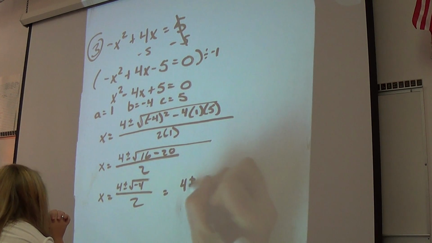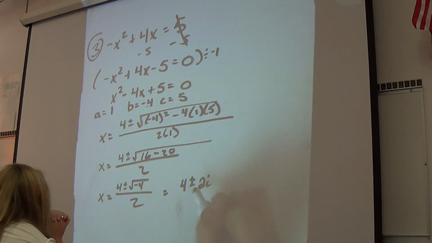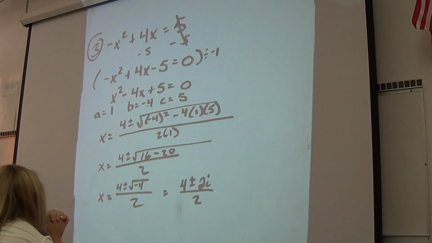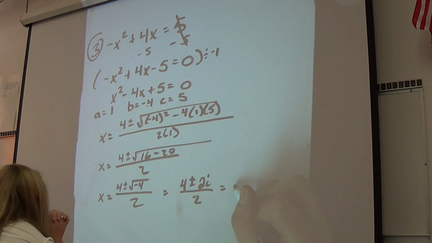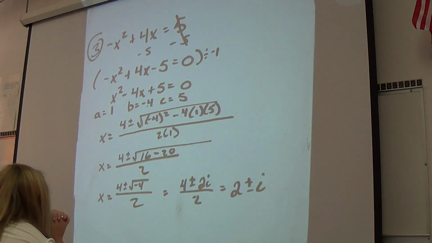So I get 4 plus or minus 2I, because that 4 was negative, all over 2. The 2, the 4, and the 2 reduce by 2, and that gives me my final answer of 2 plus or minus 1I, which is just I. Questions on 3?